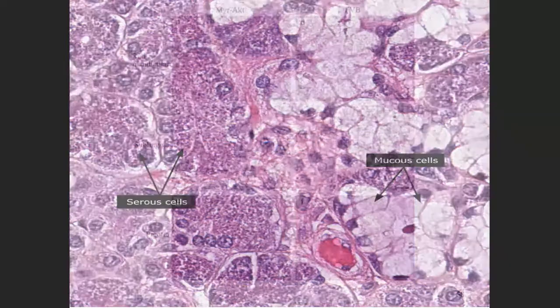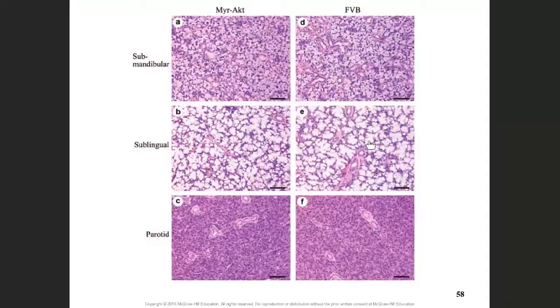In the submandibular salivary gland, we have both mucous and serous, but the ratio of serous is more than mucous, so it's more red. In the sublingual salivary gland, we have both mucous and serous, but the number of mucous cells is more. So the color of this gland in histology is more whitish.